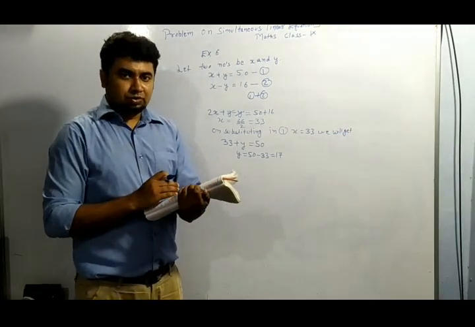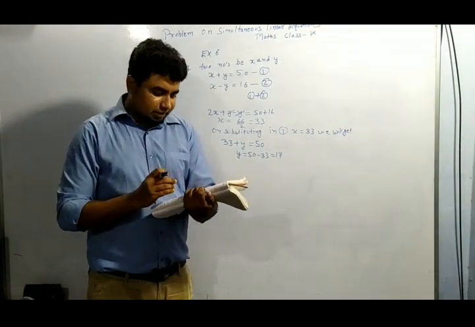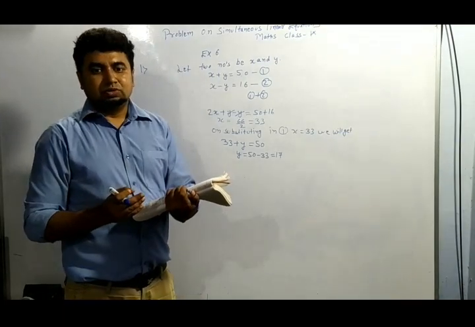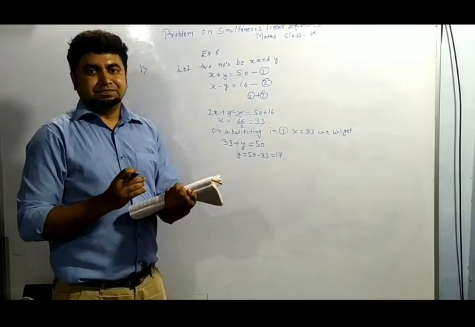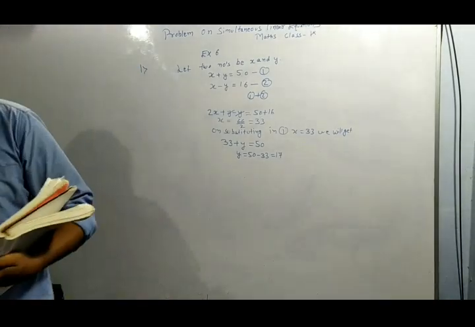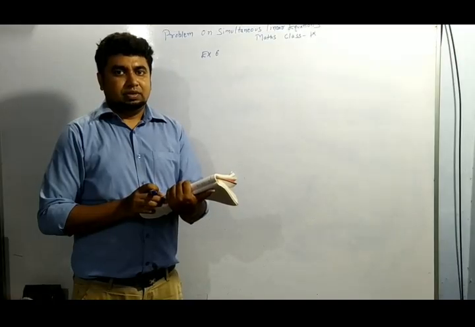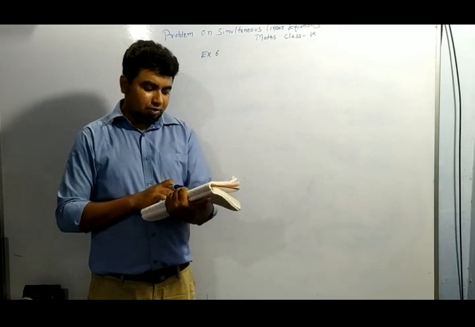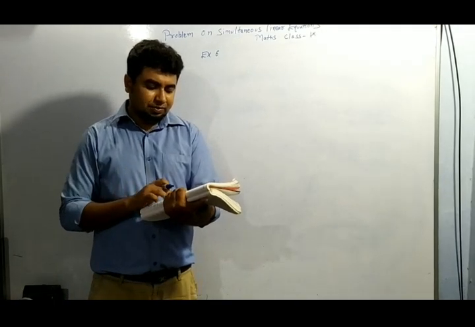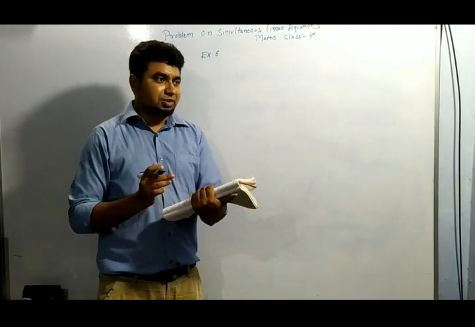Now we will be moving to question number 4. It is given that the cost of 5 kg of sugar and 7 kg of rice is 153 rupees.